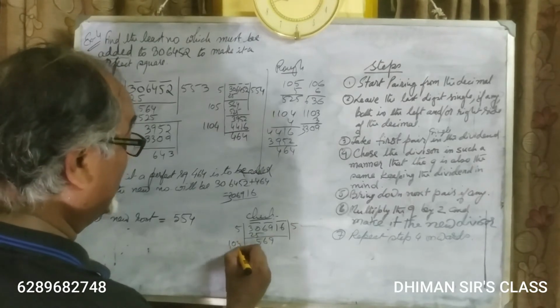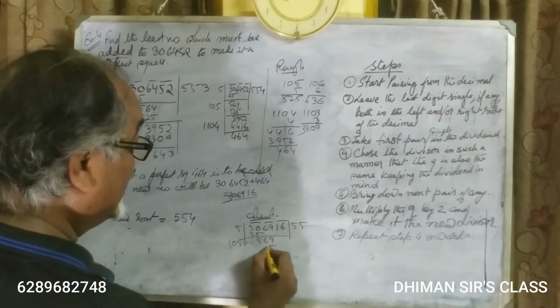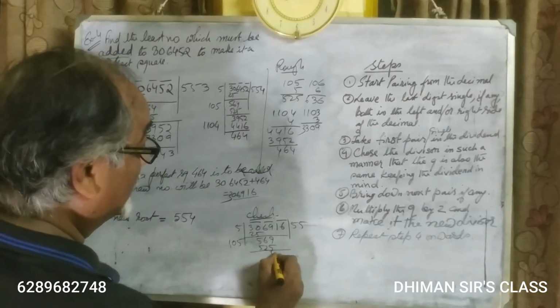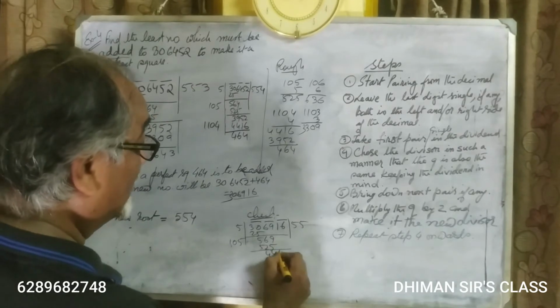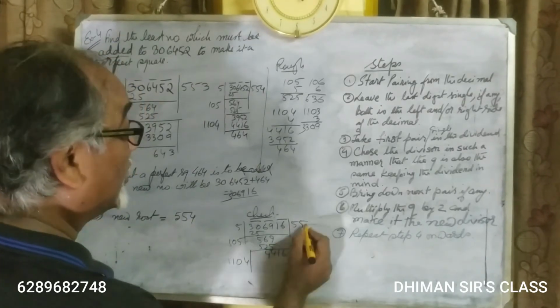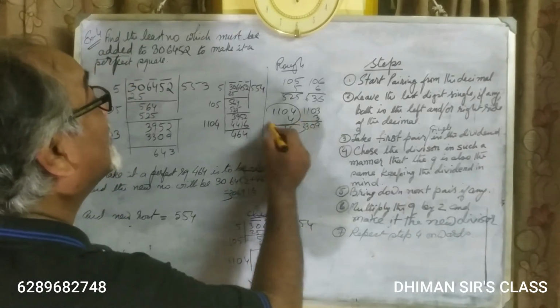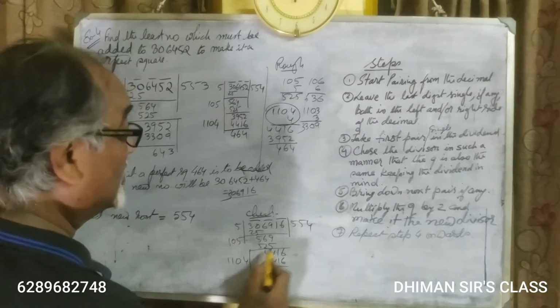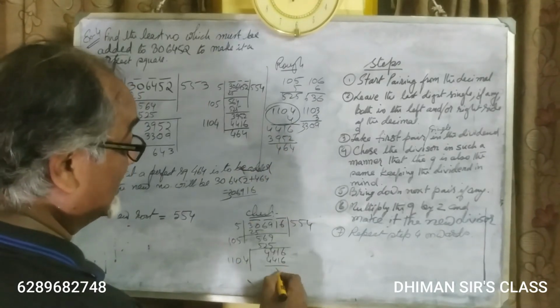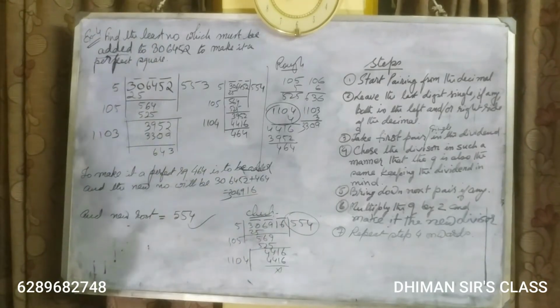Let us multiply 5 again. 5, 5s are 25, 5s are 5, 4, 4, 1, 6. Multiply 110, take 4, 4, 4, 1, 6, as you agreed, got here. 1104 into 4, 4, 4, 1, 6. So we got it, and the new number is 554.